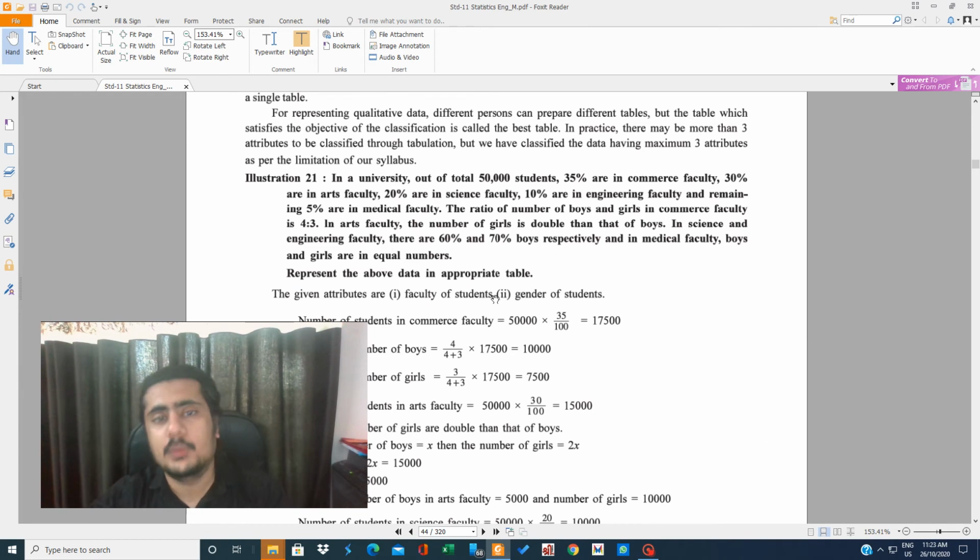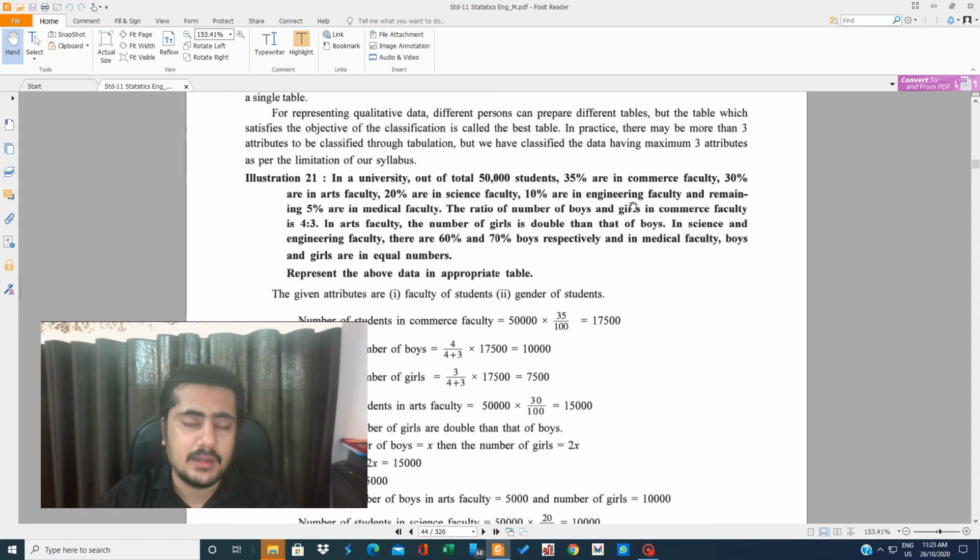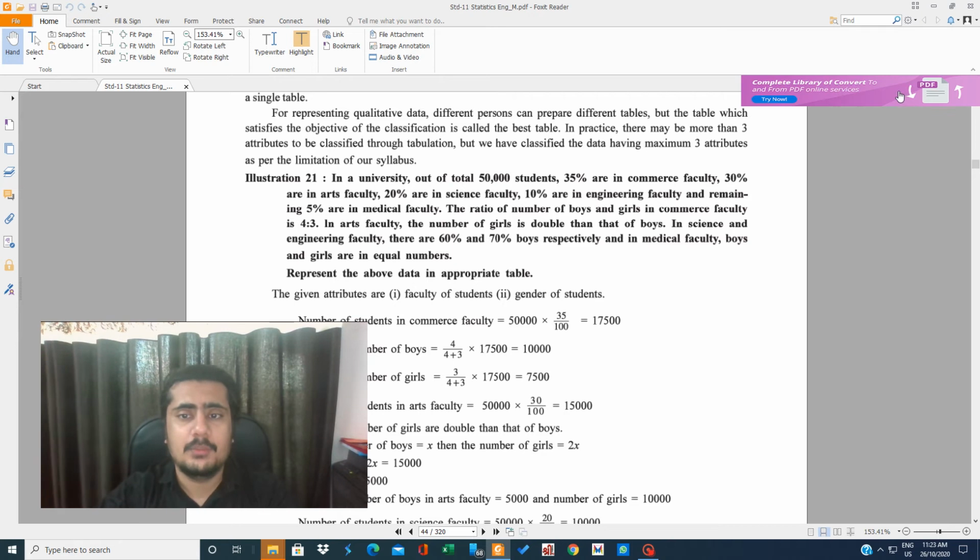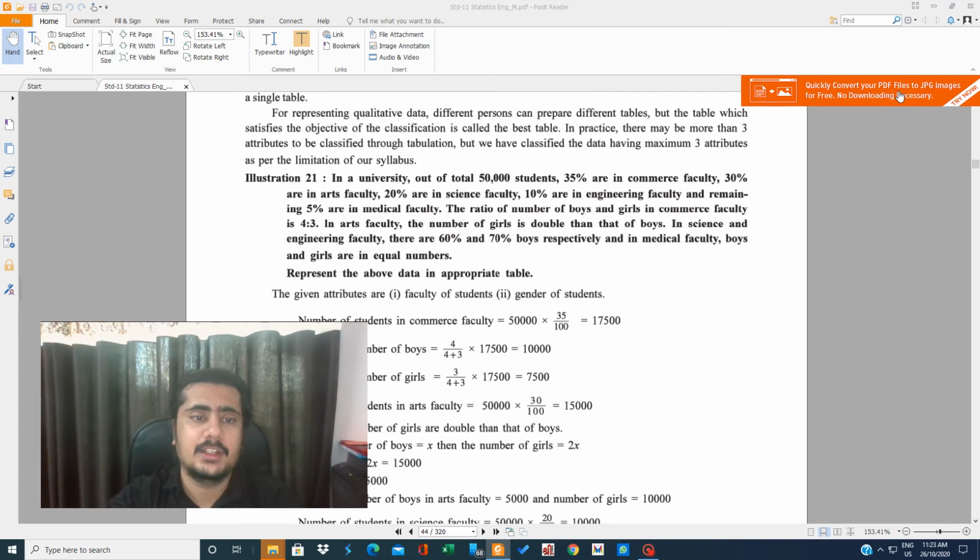In a university, out of 50,000 students, 35% are in commerce faculty, 30% are in arts faculty, 20% are in science faculty, 10% are in engineering faculty, and the remaining 5% are in medical faculty. The ratio of number of boys and girls in commerce faculty is 4:3.